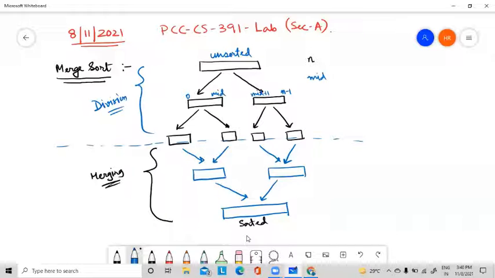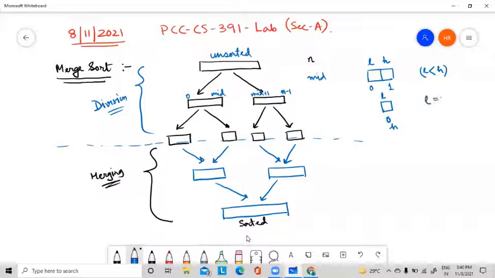How can we say that it is a single element? See, if there are two elements, then the lowest index value is 0 and the highest index value is 1. So the relation between L and H is like this. If there is only one element, then both the lowest index value and the highest index value are equal.